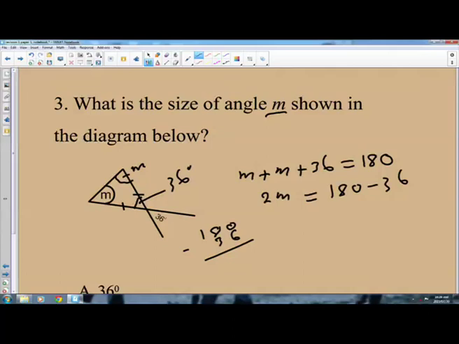0 minus 6, we have to take 1 from the 8 here, then it will be 10. So 10 minus 6 is 4. And remember, we are no longer having 8 here, but a 7. 7 minus 3, it's 4. And then we got a 1 here. So this simply means 2M is equal to 144.